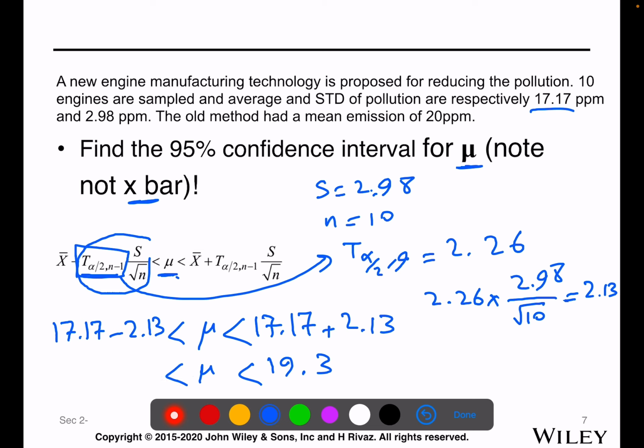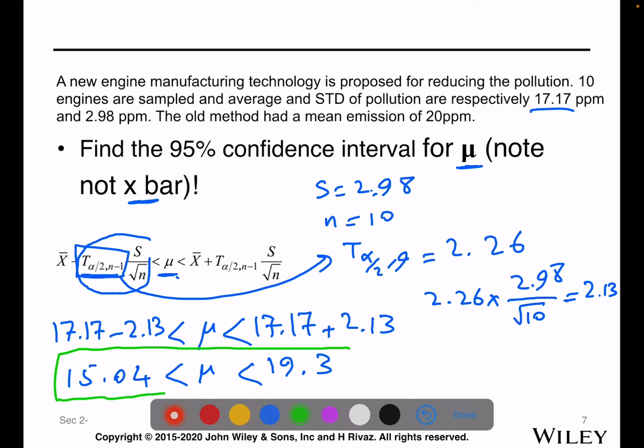So this will be some other numbers, right? So 15.04, right? So when we compute the confidence interval, we see that 20 is not in this confidence interval, right?